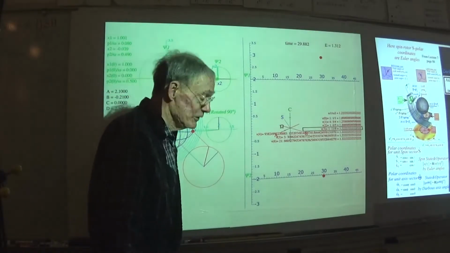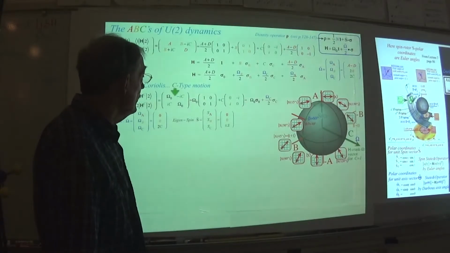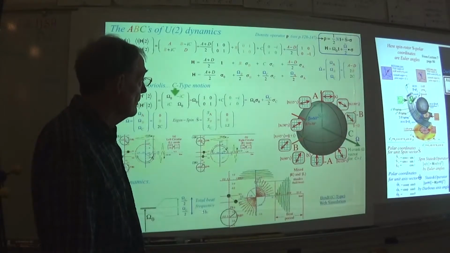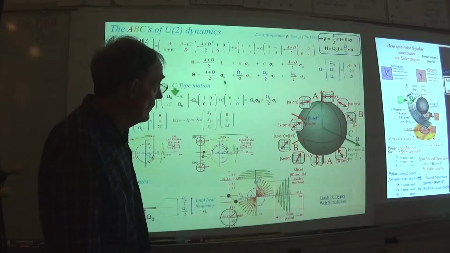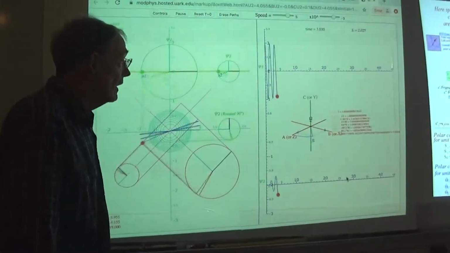This is your ratio. Okay, so that's pretty much it. Now the C, guys, this is weird. This, of course, is what happens when you put Coriolis forces on an oscillator.